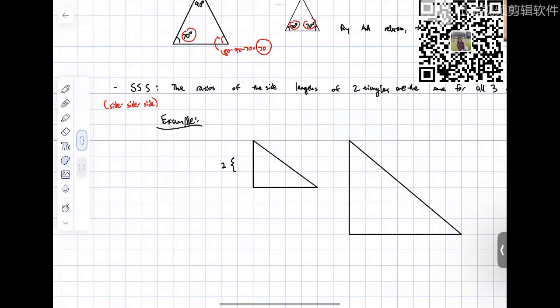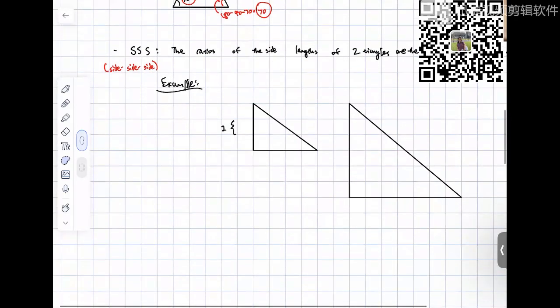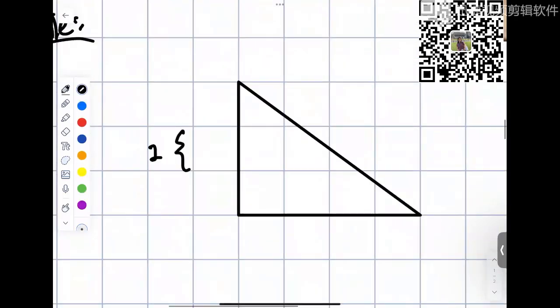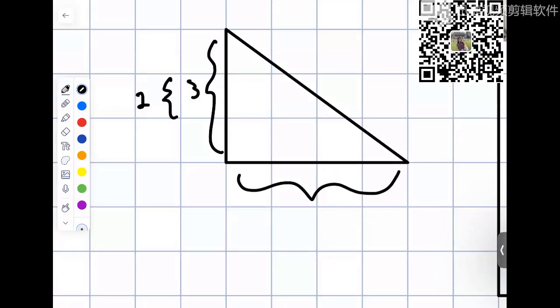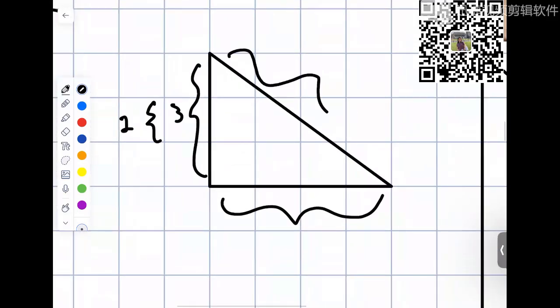If you can see each of these grid lines, how long is this side length of the triangle? 3. Yep, 3. What about this? 4. Yep. And what about this one? Last one. 4.